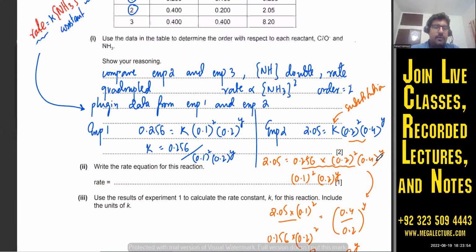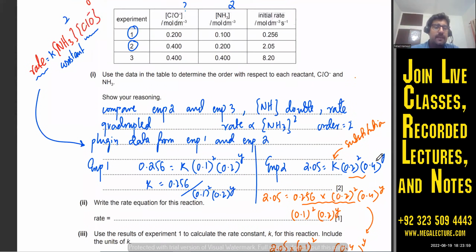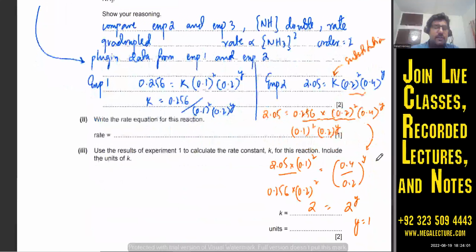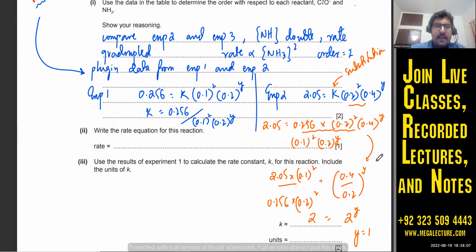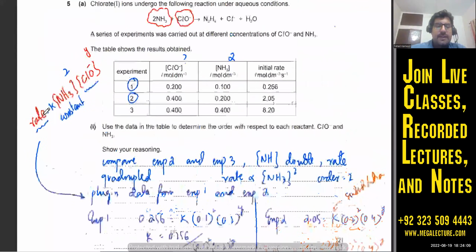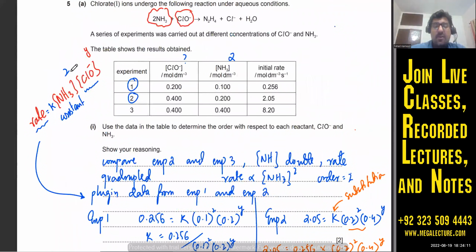So you could have done the same thing in the first. You can actually solve this simultaneously as well, but you should only do that in this scenario. I wanted to investigate rate with respect to ClO minus one, but I wanted to keep NST constant. But there were no experiments where NST was constant.